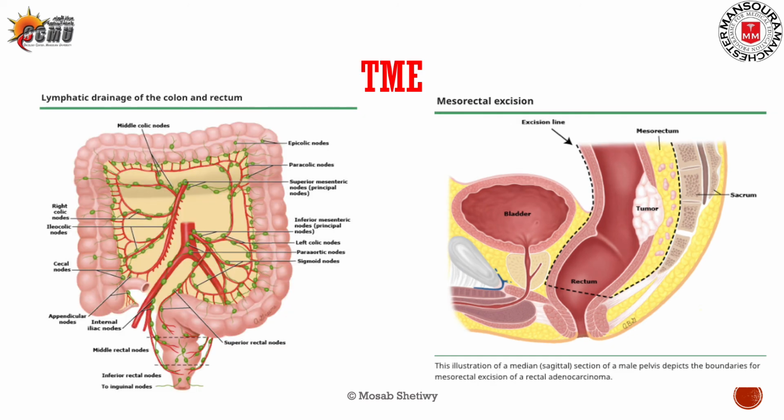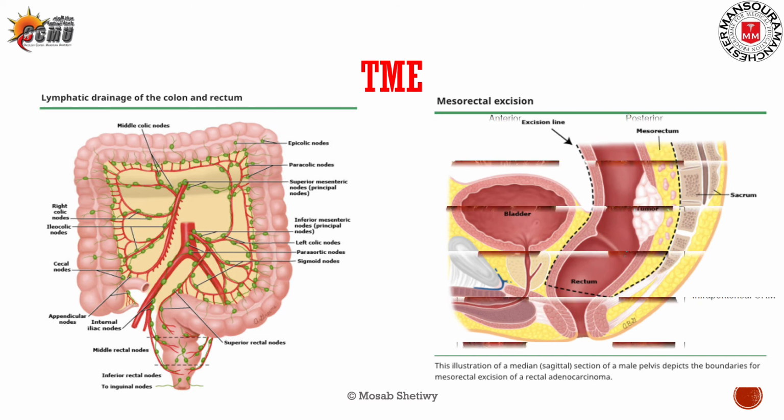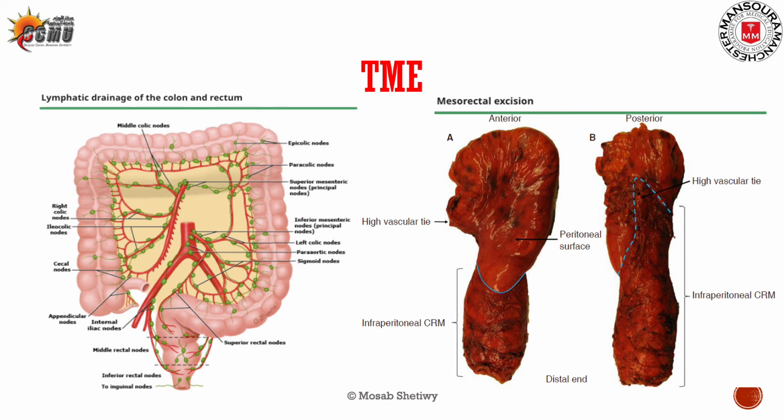TME is a total mesorectal excision. So this is the rectum, and the surrounding tissue is the mesorectum. The mesorectum contains blood vessels and lymphatics. We're actually concerned with lymphatics. Total mesorectal excision must include all of the mesorectum.